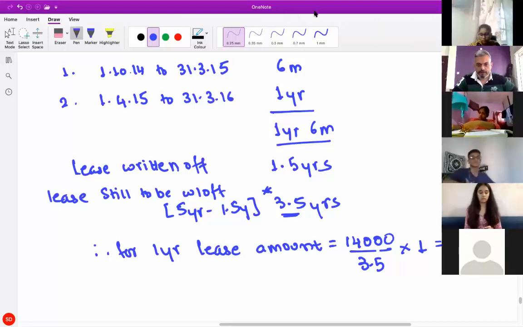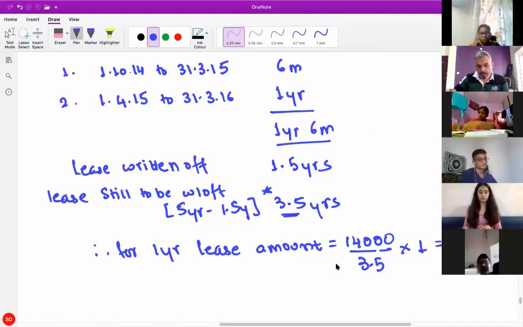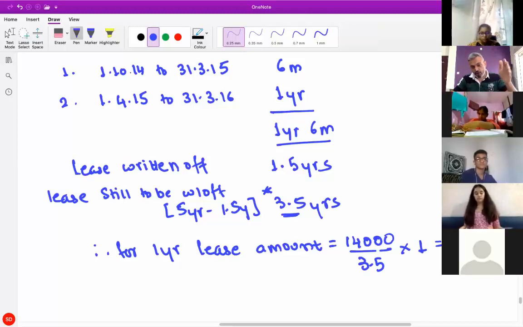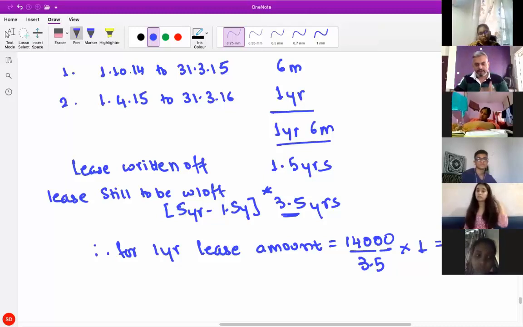You understood this? Now you are not supposed to make a mistake over here, because अगर lease amount तुमने to be written off गलत calculate किया तो P&L wrong, यानी net profit wrong, NDP wrong, cap balance wrong, balance sheet wrong.